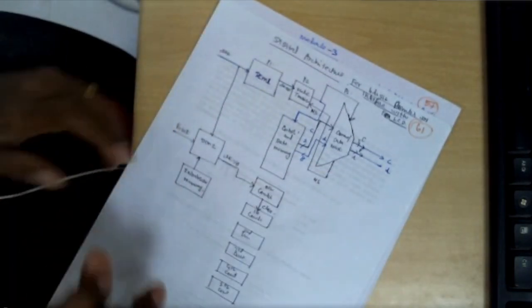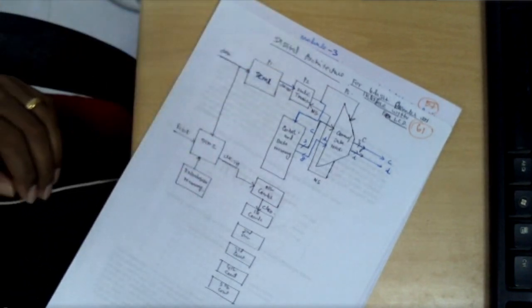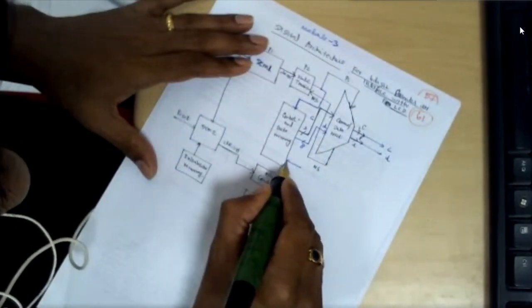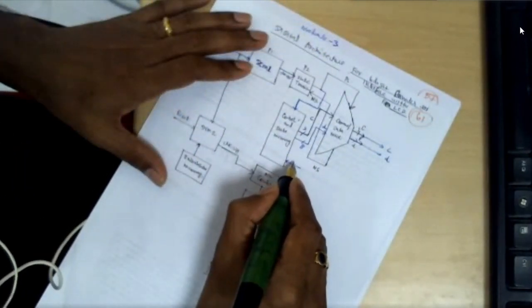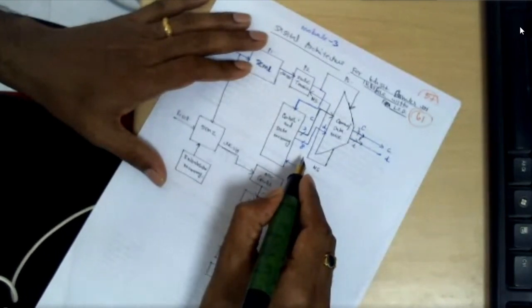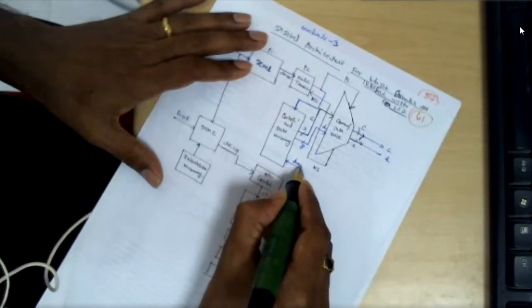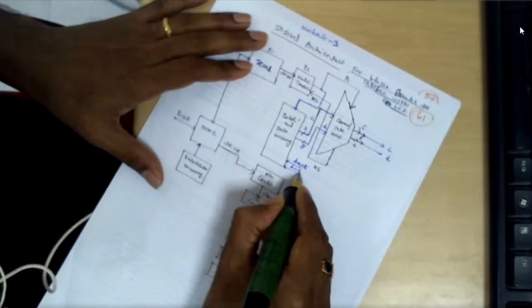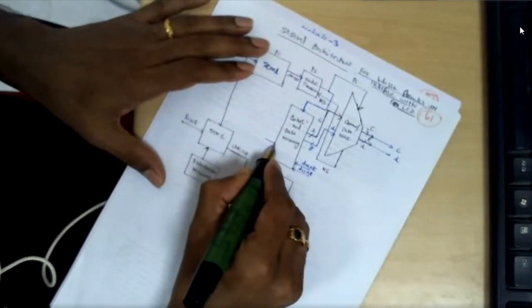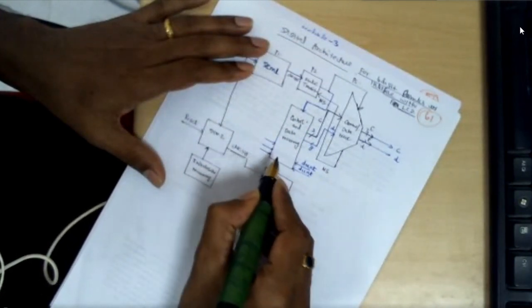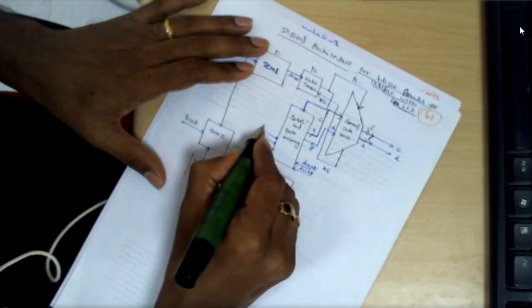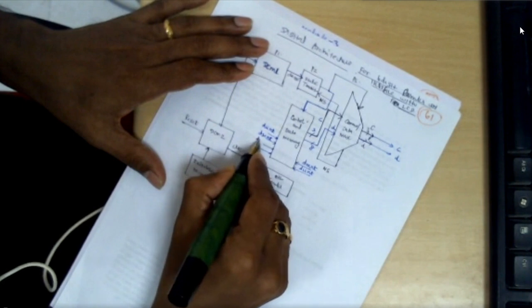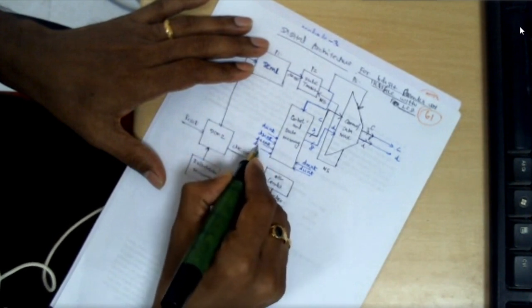This control and data memory also gets some data from the counters. Not only the internal memory value, it is also getting values D0 CNT, D1 CNT, D2 CNT, D3 CNT, D4 CNT, and D5 CNT.